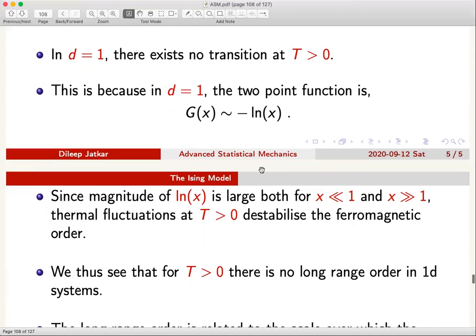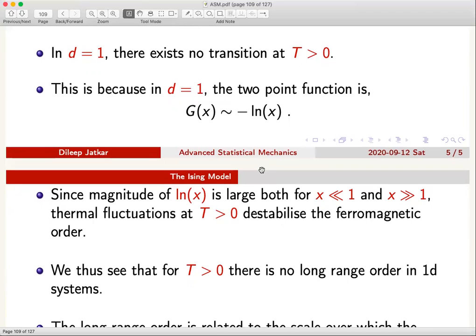The reason why this happens is that the meaning of the 2-point function is the following. Suppose you consider a spin at origin. Since I have written g as a function of a single variable, you assume that I have used the translation invariance of the system and picked the spin that I want to disturb to be at origin.